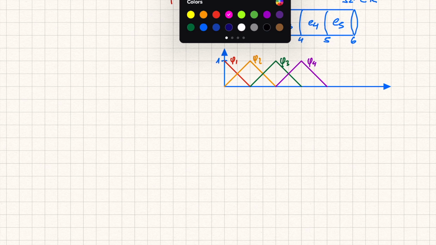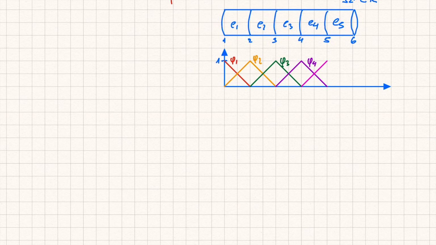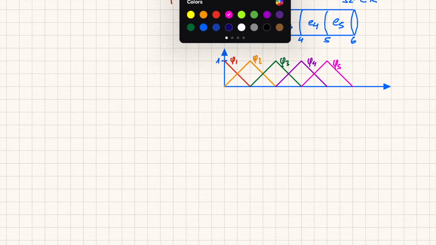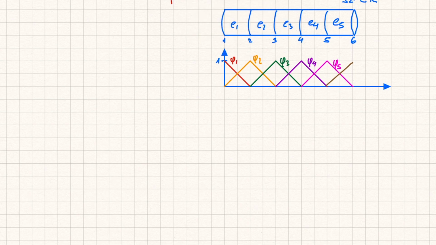Let me go to that one, phi5. And let me get to that one, phi6. Well, these functions here are the so-called roof functions or hat functions.